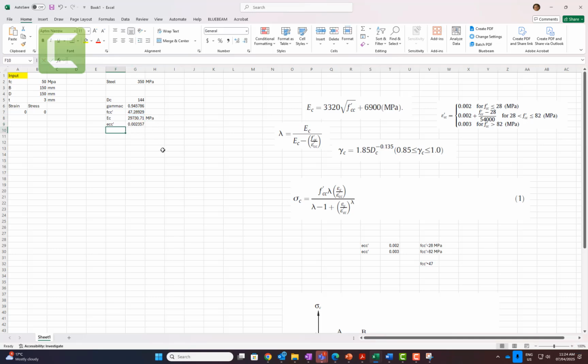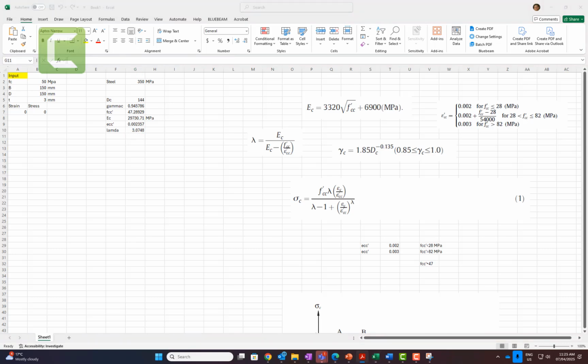There you go, so that is in between. That's good. Now we can calculate lambda, which is this equation here, equal to Ec divided by Ec minus fcc' over epsilon_cc'. So that is lambda done.